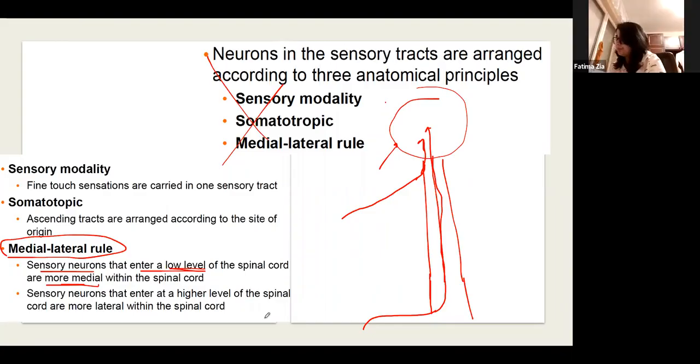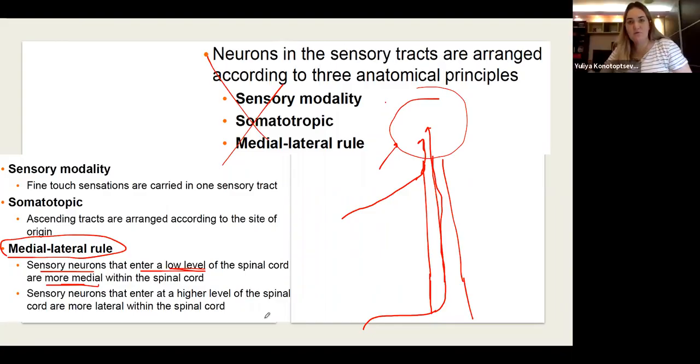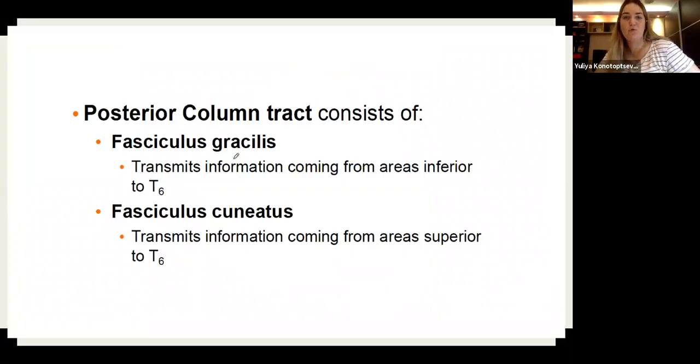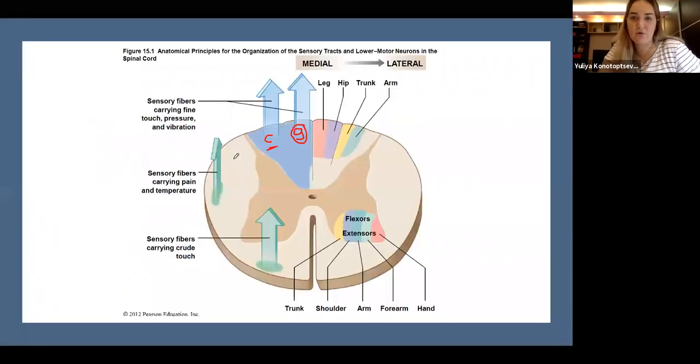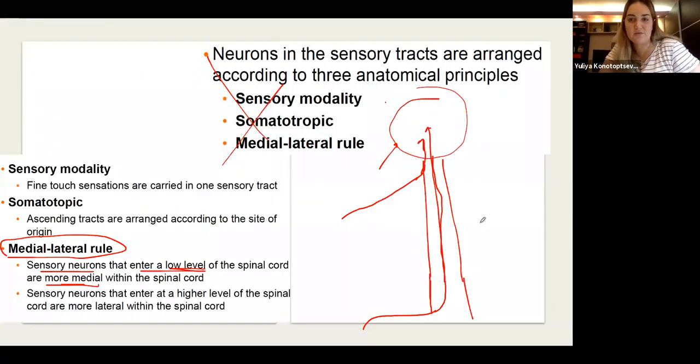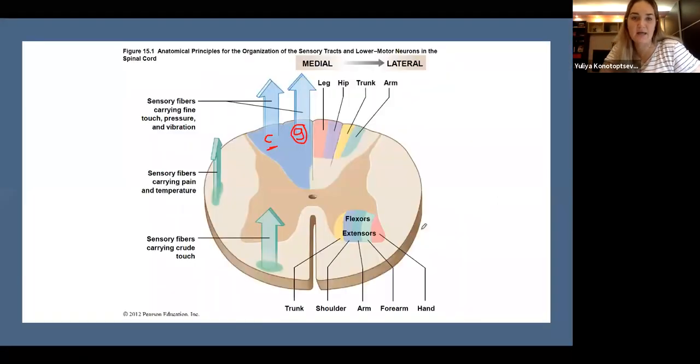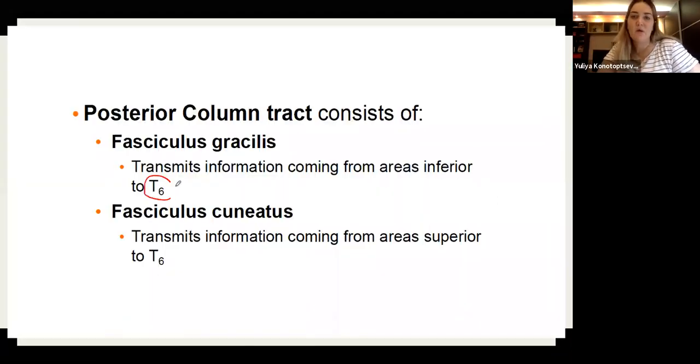The lower you start at the spinal cord, the more medial you'll be in the spinal cord. So how do we know which level is the low, which level is the high? T6.